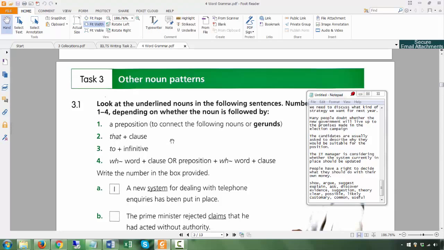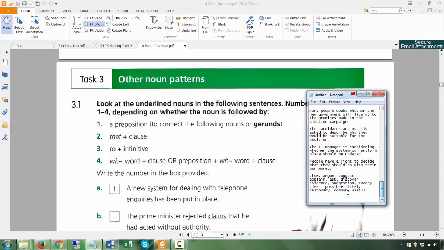All 3 of them have patterns, sometimes with a preposition coming after, that plus clause, or to plus infinitive. So I hope you realize that verbs, nouns, and adjectives have patterns, and you need to understand the patterns and use them correctly. You can go to the dictionary to find out what the patterns are.